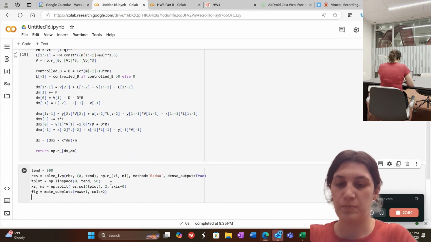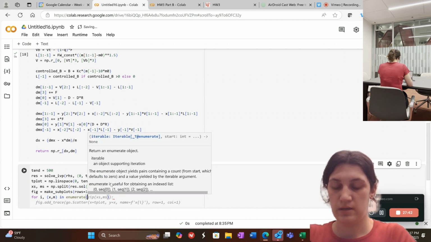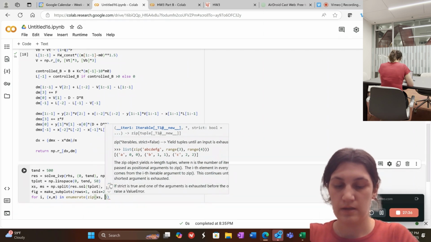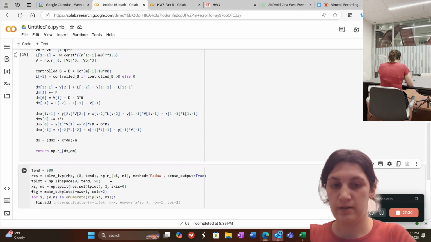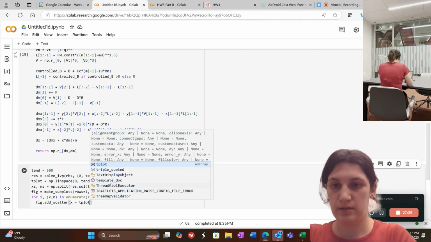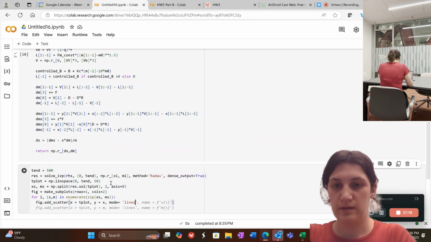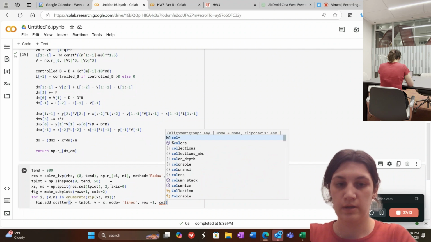Now we can loop this. We could say for i, (x, m) in enumerate(zip(xs, ms)). Now we can make our scatter plots. add_scatter. x is tplot, y is x. Mode, we're going to want lines. The first one is going to go in row 1, column 1.